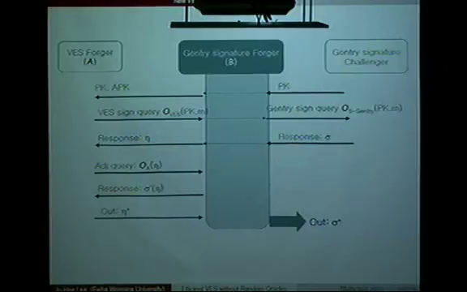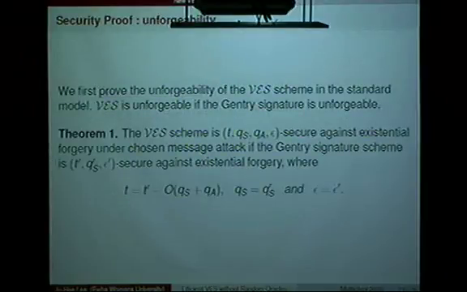In this picture, in this step, query and response between two forgers can be communicated.